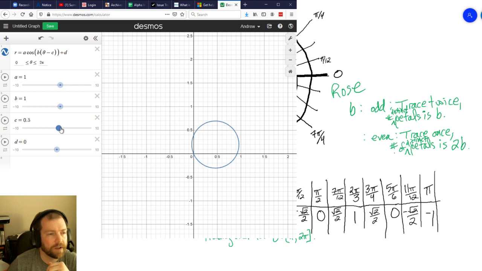And if, again, c equals 1, this ends up rotating this circle around the origin by 1 radian. And 1.57 should get us right up to the top, pi over 2.